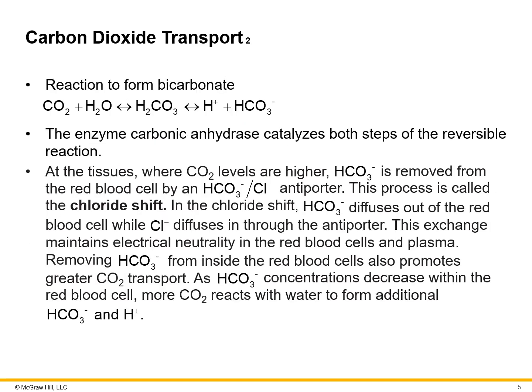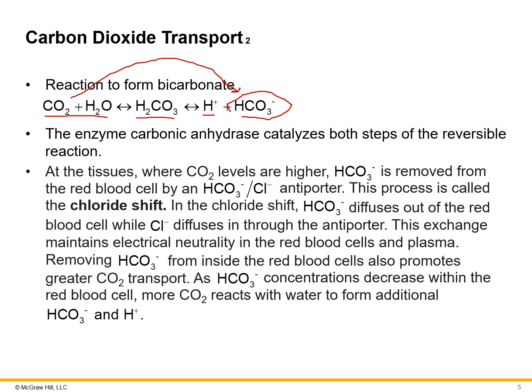All right, so if we look at this reaction, carbon dioxide and water combine to form what's called carbonic acid, and acids donate hydrogen. So when carbonic acid breaks down, it forms a hydrogen ion, which is why it's called an acid, and then this bicarbonate. So essentially the carbon dioxide is being transported and stored as this bicarbonate ion.